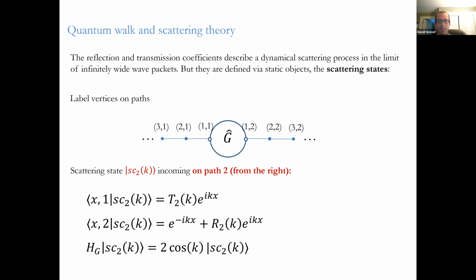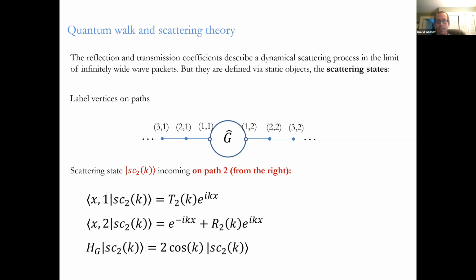Right, so we have these SC1 of k and SC2 of k, which are the scattering states. These are unnormalizable eigenstates, or you should think of them as functions from vertices to complex numbers. And for every k, we can define these things.